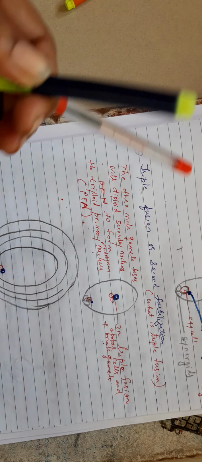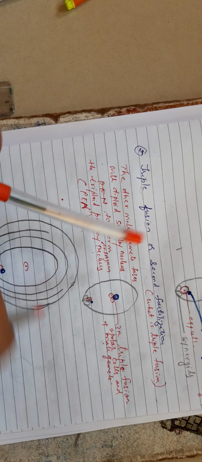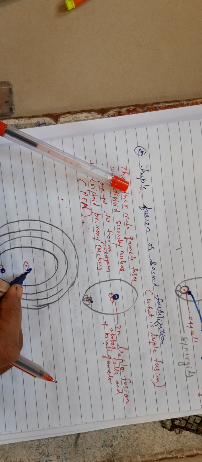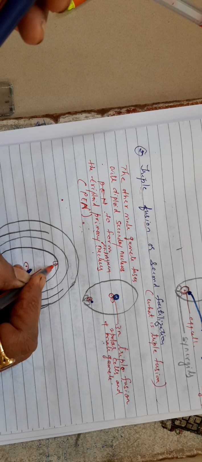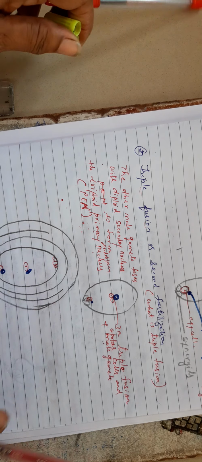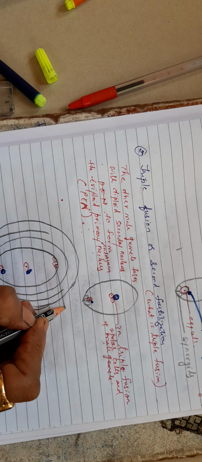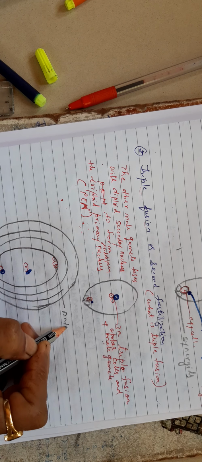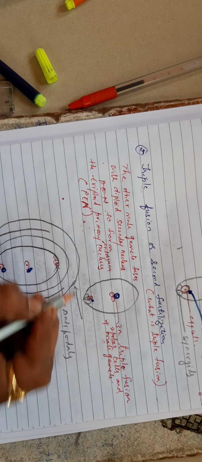There in the middle, so the labels are: first, these are 3 antipodals. This is the chalaza.